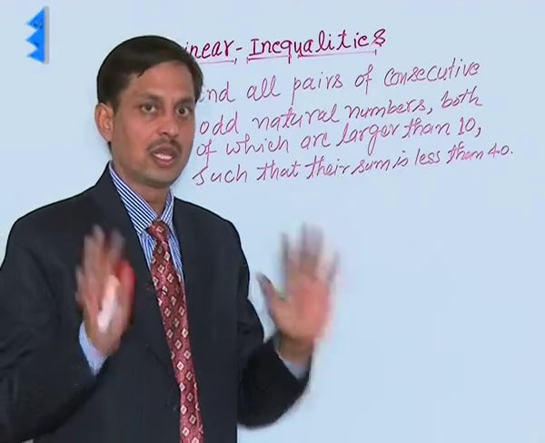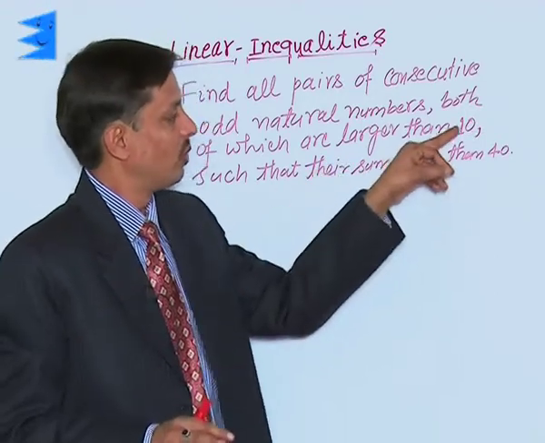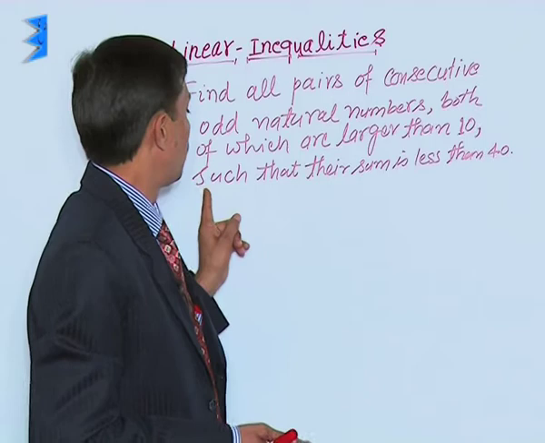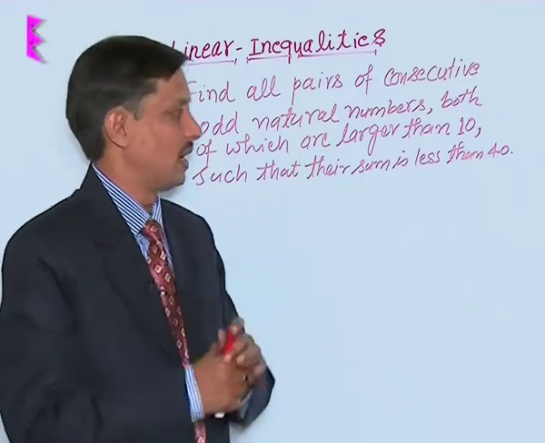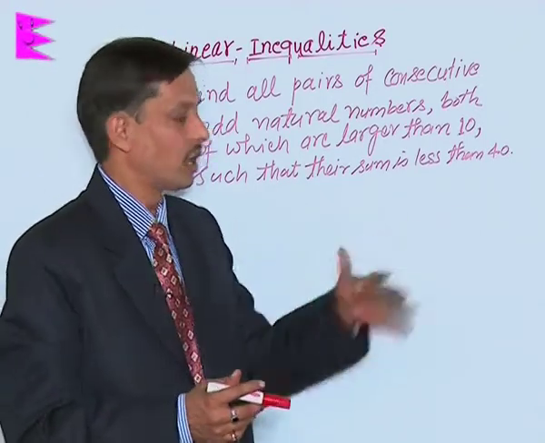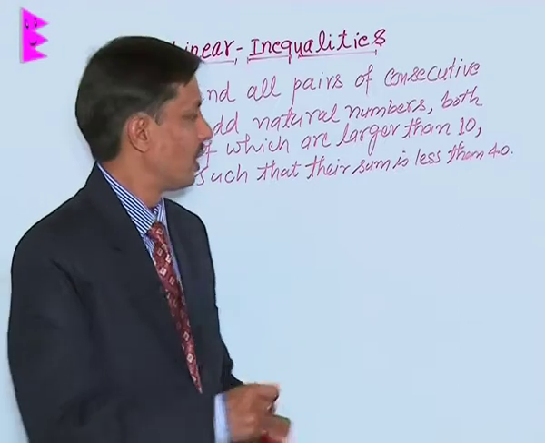We need to take such natural odd numbers which are greater than 10 and such that their sum is less than 40. So there are two conditions I am taking.